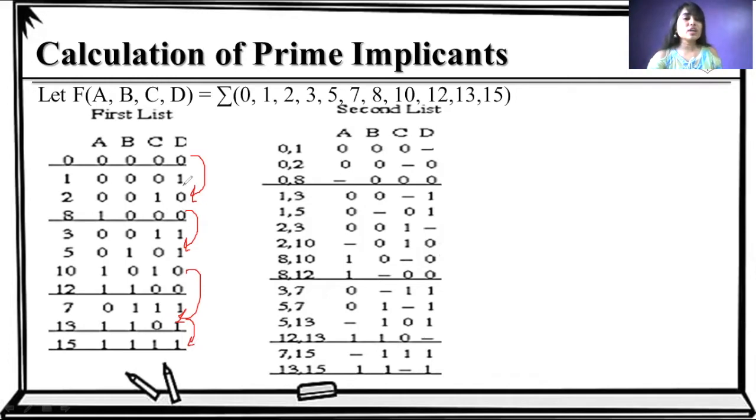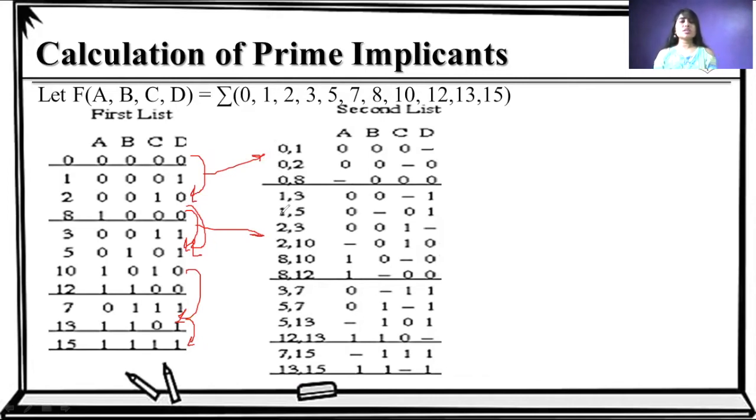After comparison of one group, if we have a term, then mark an underline, then make a comparison for the next group, and if we have a term, then mark an underline.